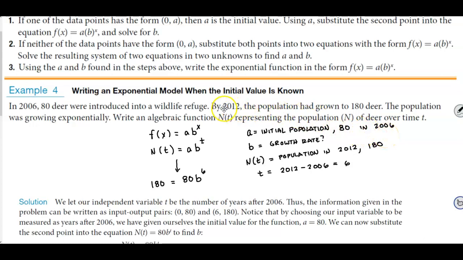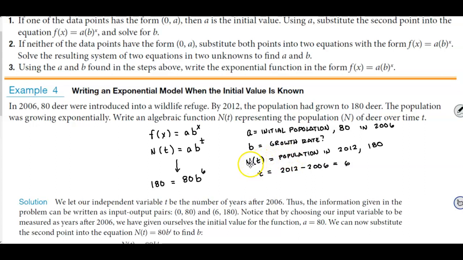In the second sentence, it says by 2012, the population had grown to 180 deer. So we're writing n of t because we're using that as our function.